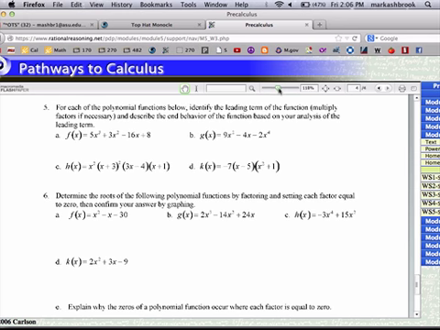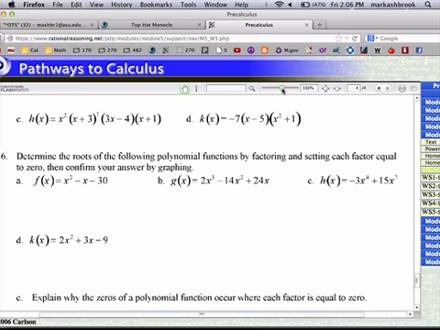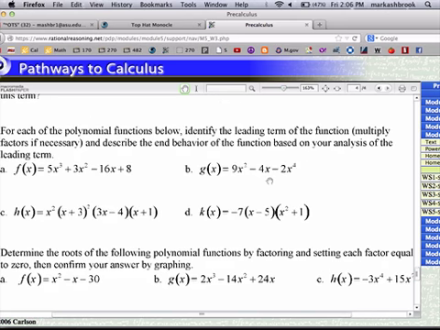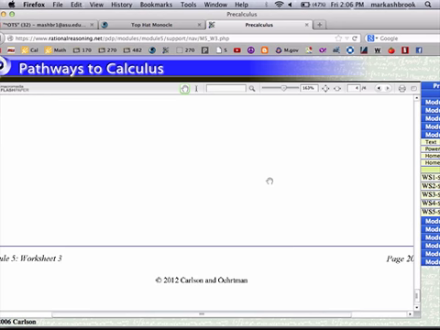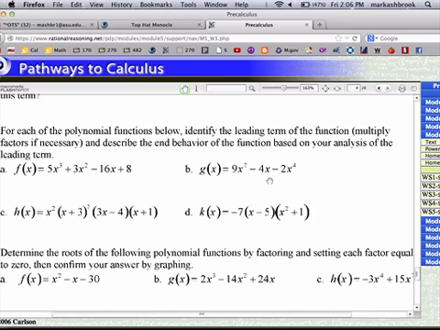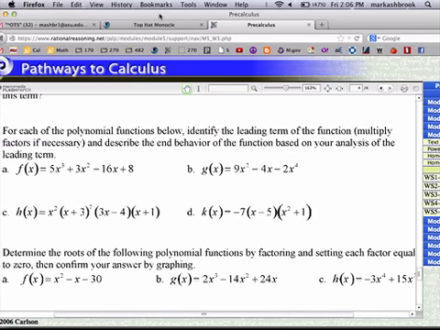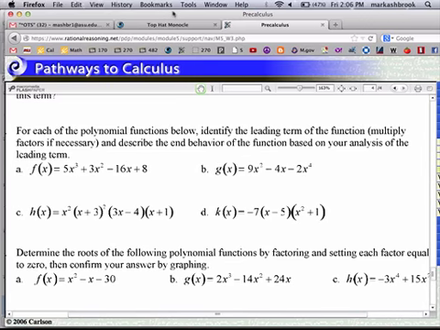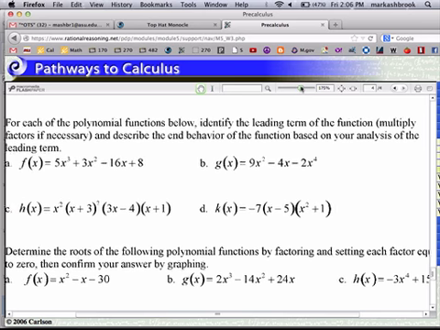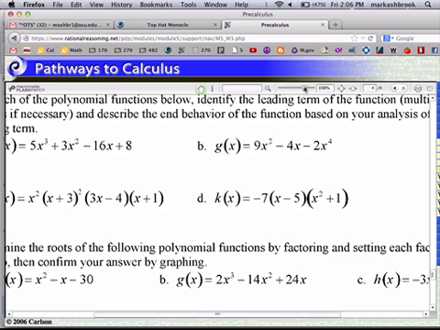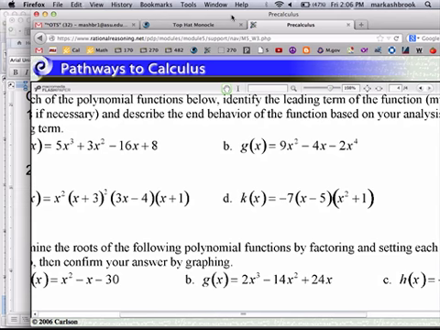So on page, I think is it 208? Yeah, I think it's 208, number 5. Do I have the right page number? Yeah. Thank you.